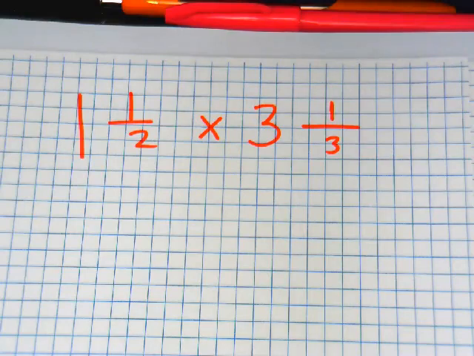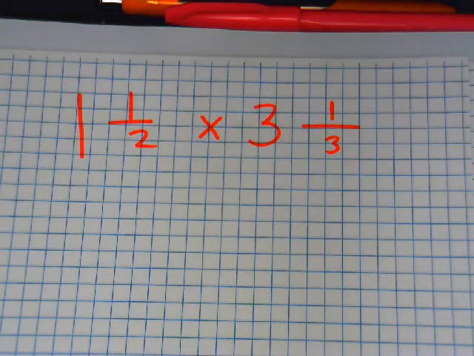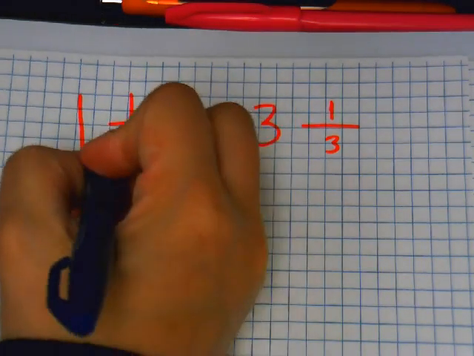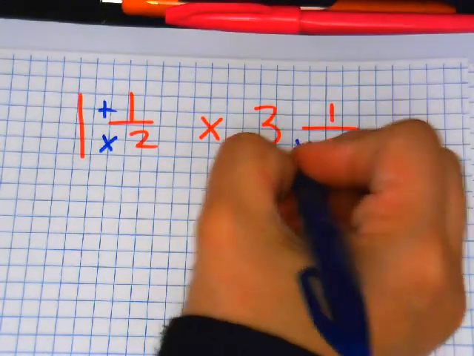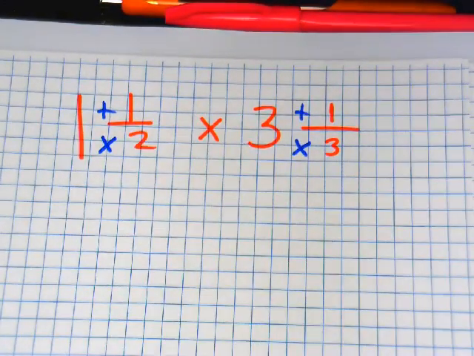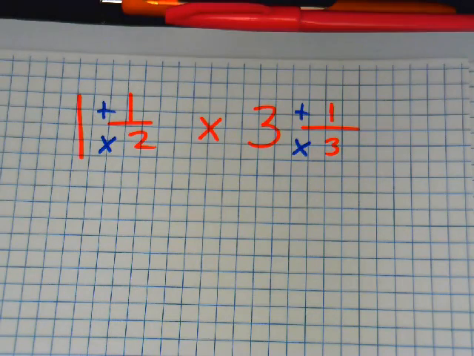All right, what's the first thing I need you to do? Turn it into an improper fraction. So multiply and add, multiply and add. This is what we did last week. We did improper last week in preparation for today.